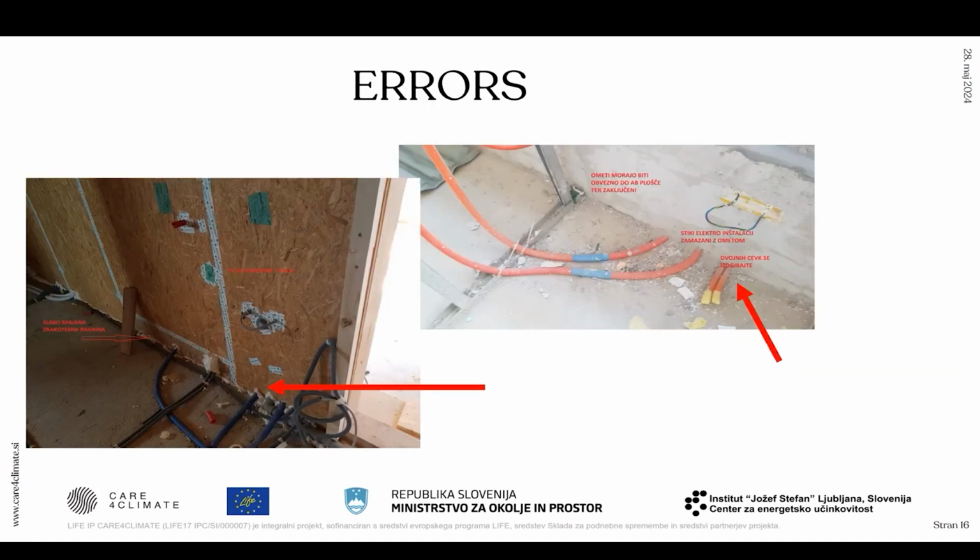For example, if you have electrical tubes, look at this one. They are together. They shouldn't be. It must be separated. If I saw this, they must repair it. Same thing for some other details. This guy, this was some house in Ljubljana, capital. He takes all the things.